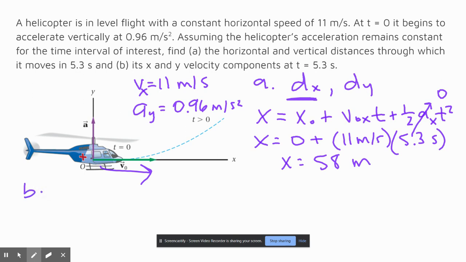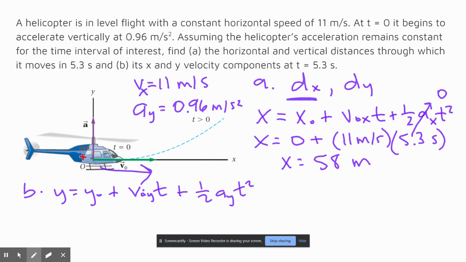Okay, so for the y direction, we're going to have to do things just a little bit differently, but we are going to use the same equation. So we have y equals y naught plus the velocity in the y direction times t plus 1/2 a in the y direction t squared.